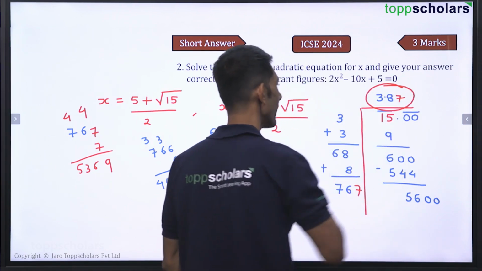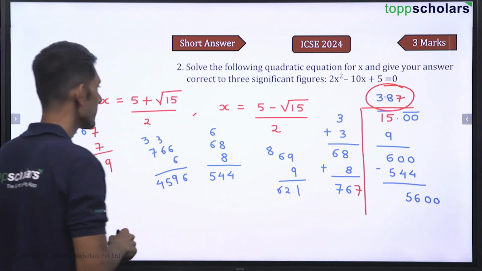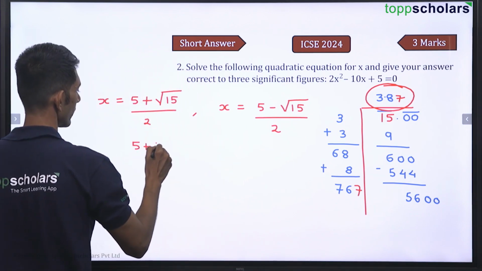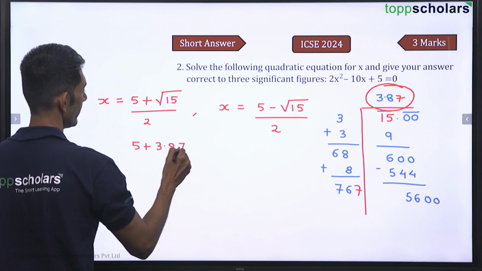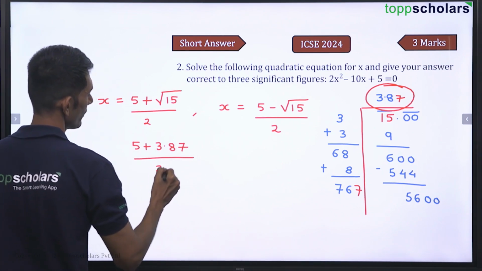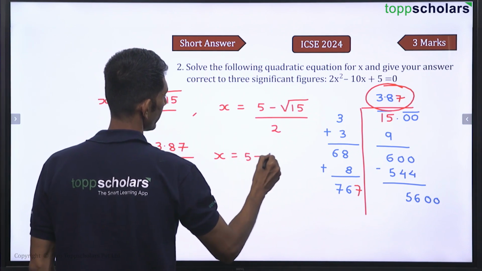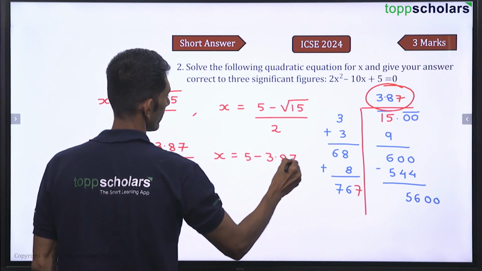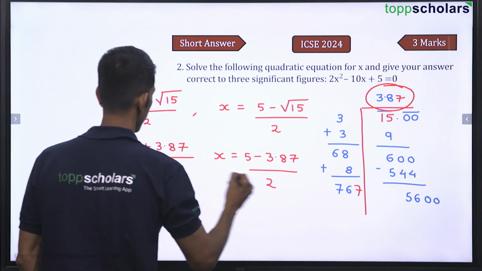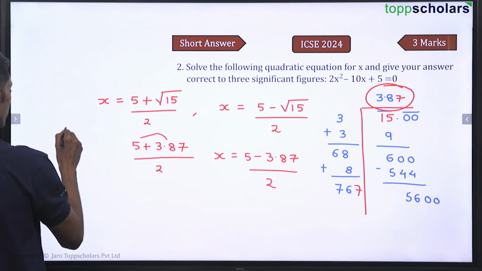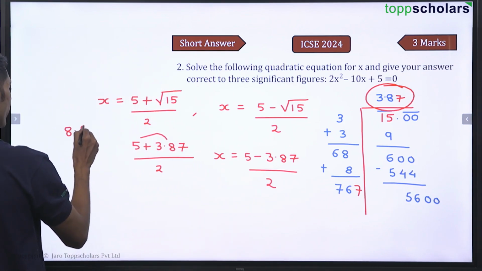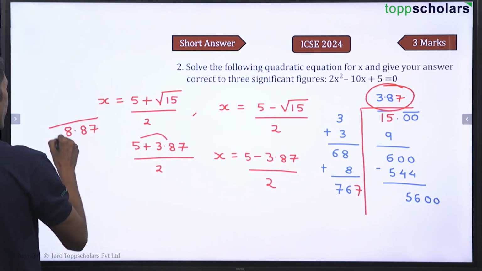So I have this part now, that is 3.87. So x is equal to 5 plus 3.87 the whole divided by 2, and x is equal to 5 minus 3.87 the whole divided by 2. So this becomes 8.87 the whole divided by 2.